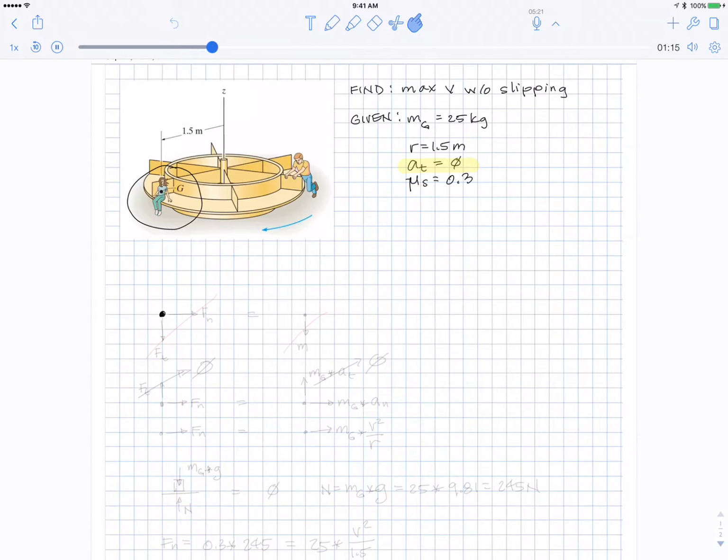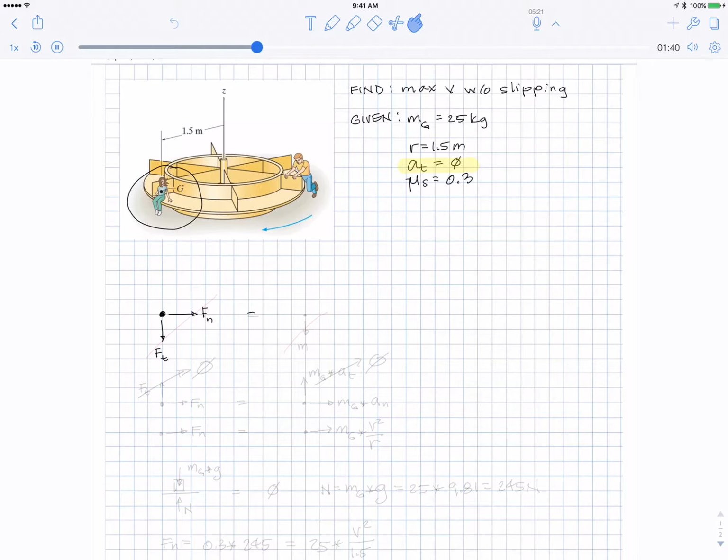And then this is the normal direction, and that's the tangent direction. I'm going to call it friction force normal, and a friction force tangent. We'll break it down like that.